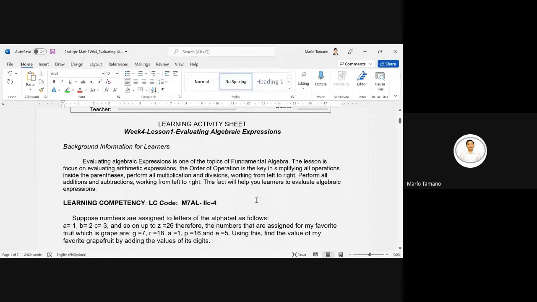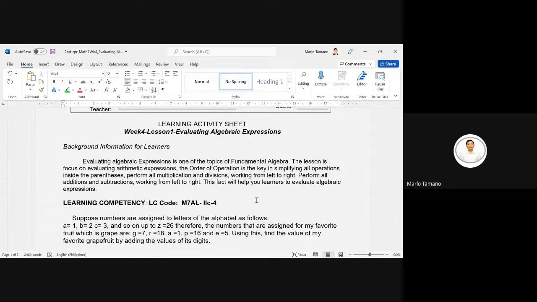So that's why evaluating algebraic expression is one of the topics of fundamental algebra. The lesson is focused on evaluating algebraic or arithmetic expression. The order of operation is the key in simplifying all operations inside the parentheses.